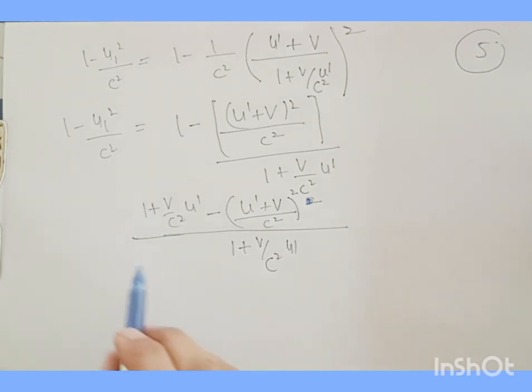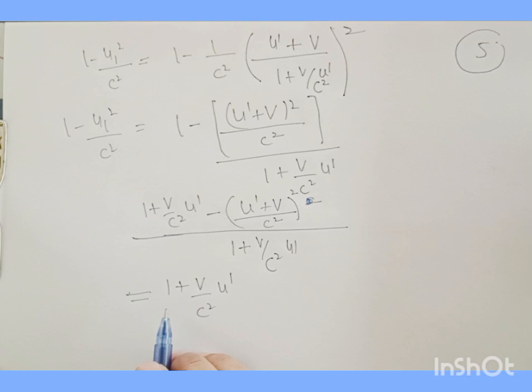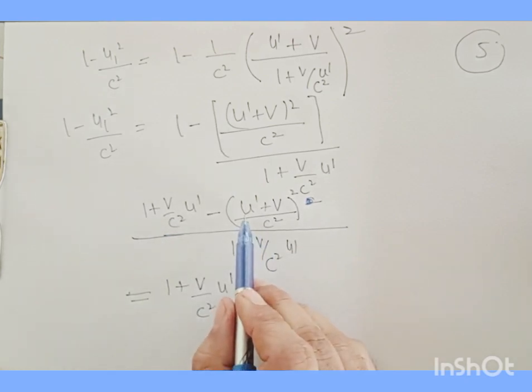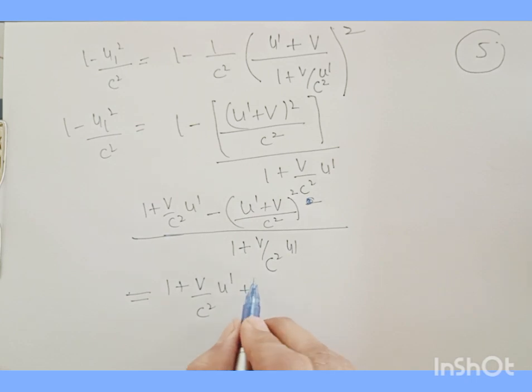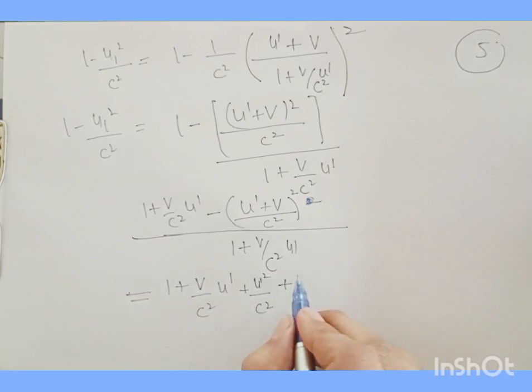And we can write down another step here, that's 1 plus v by c square u dash. And then here what I have is a square, so this is plus u dash square by c square plus b square, that is plus v square by c square.